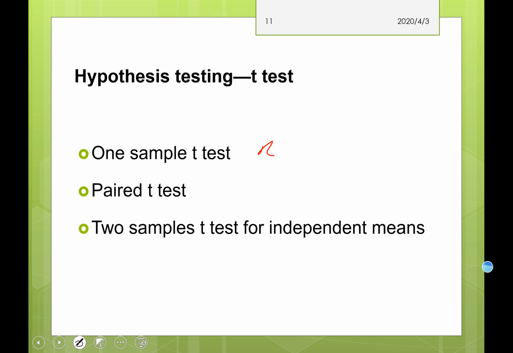There is only one little n. And then sigma is not given, but we can use S to replace the unknown sigma. So under these conditions, we can use one sample t-test.